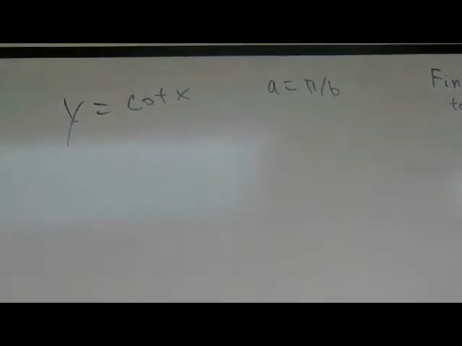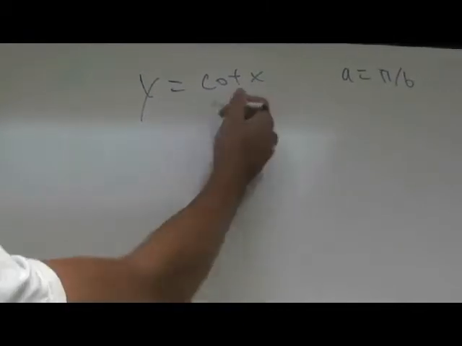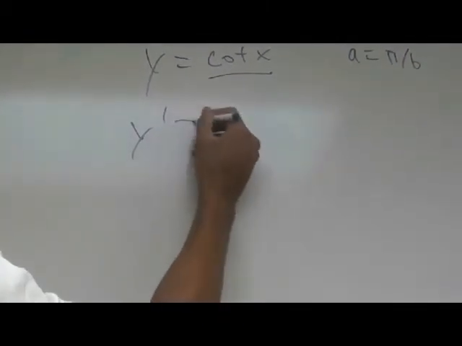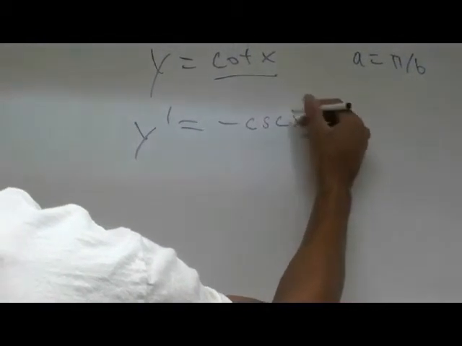So again, all we have to do is find an equation for the line tangent, so this should not be hard. So first thing you need to do to find an equation of a tangent line is you need the derivative of this equation. So the derivative of that is just going to be y prime equals negative cosecant squared x.